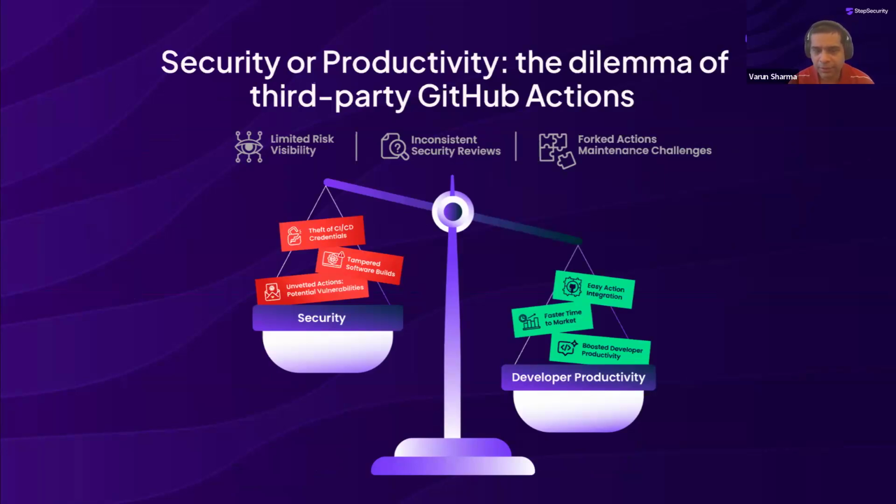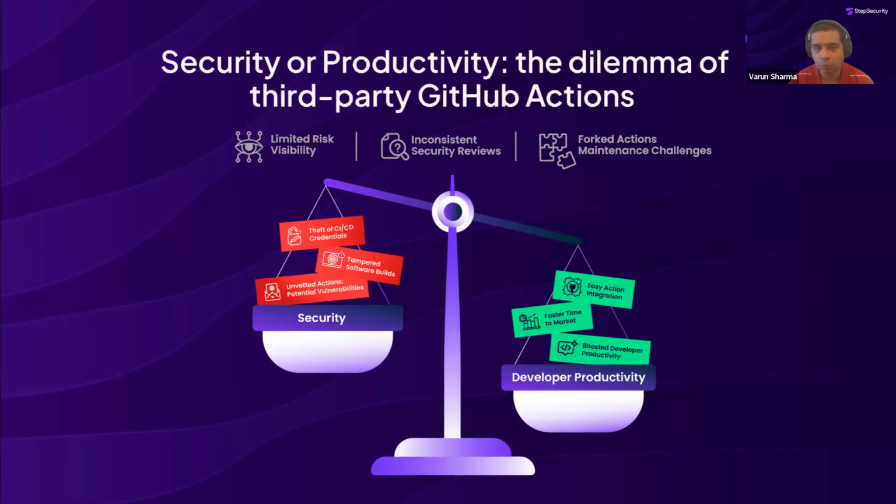The reason this becomes a problem is because there are about 25,000 third-party GitHub Actions in the marketplace, and developers really want to use these actions to improve productivity. But a lot of these actions are from single maintainers who are hobby developers, or the actions are abandoned, and this causes security risk.